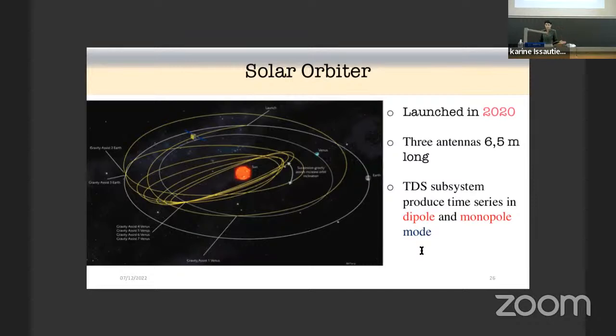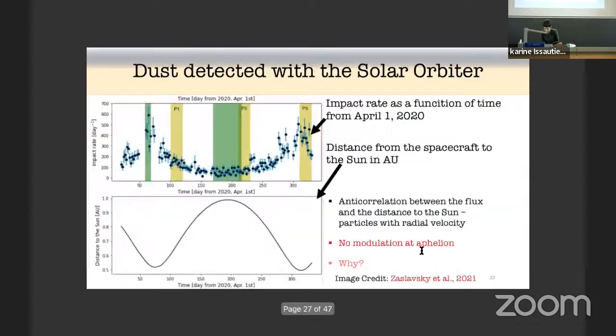Everybody was super happy, and okay, also the dust people, because it's equipped with 3 antennas, 6.5 meters long, and it also has the TDS system that produces data in monopole and dipole mode. So we expected that we would detect some dust, and furthermore, that we could test our model.